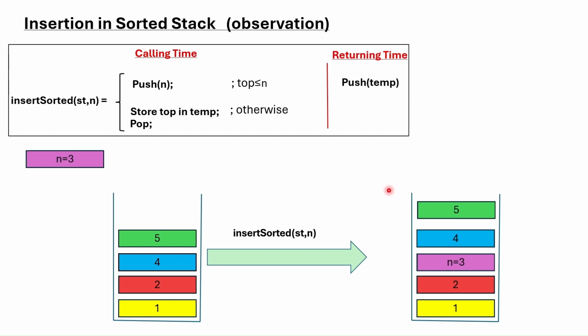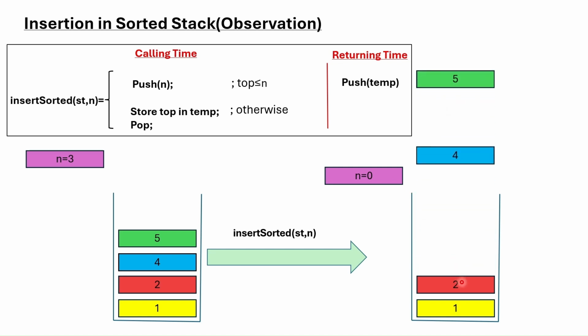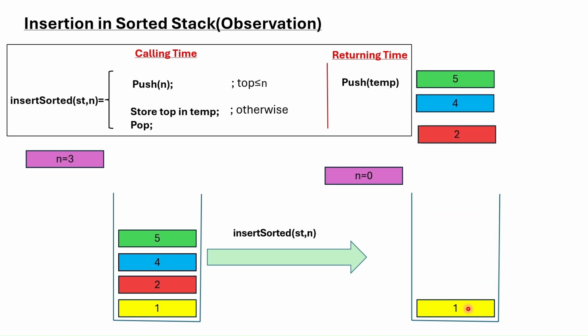But wait, let us again look at this example, but we will take a different example, that is n equals 0. Look, the top is less than n? No, we pop. Is the top less than n? No, we pop. Is the top less than n?